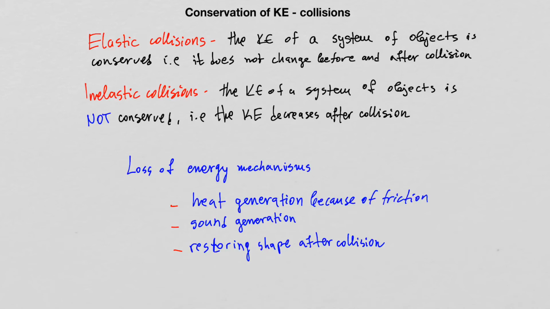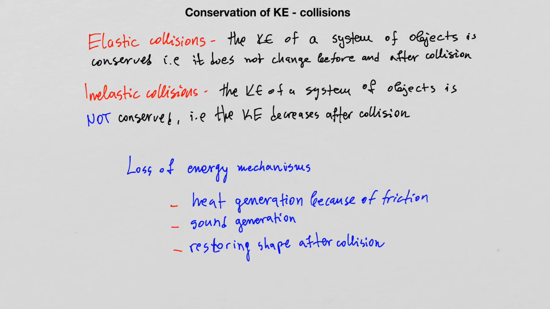The other mechanism is sound generation. So during collision, you will definitely hear sound when the objects collide. Sound is generated by causing the molecules in the air to move, and for that, energy is necessary.